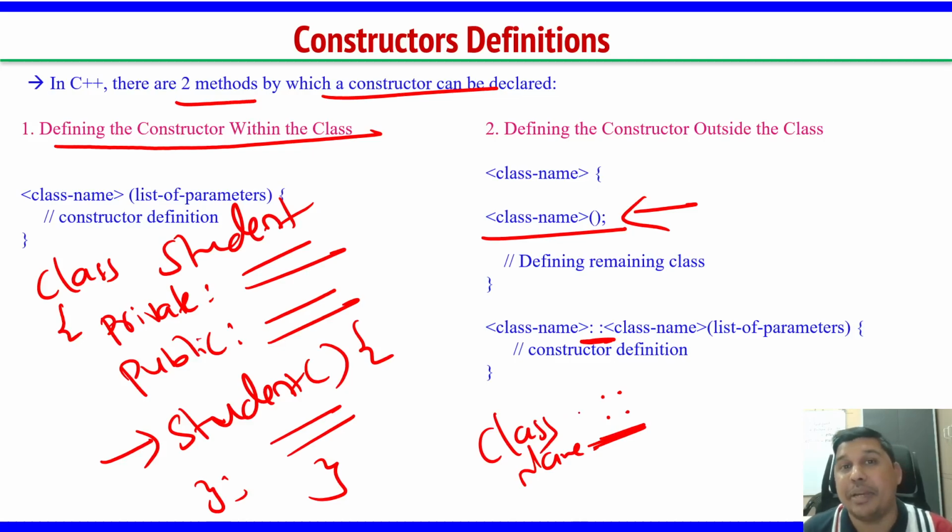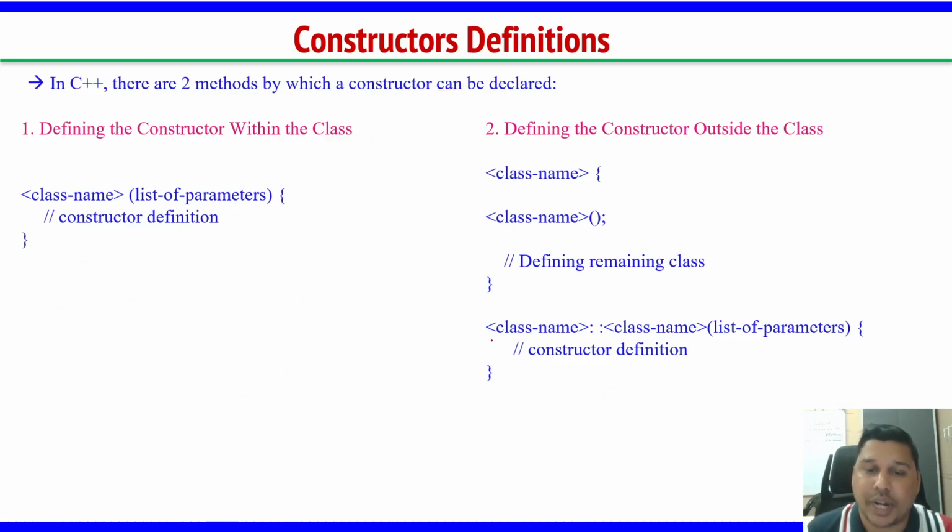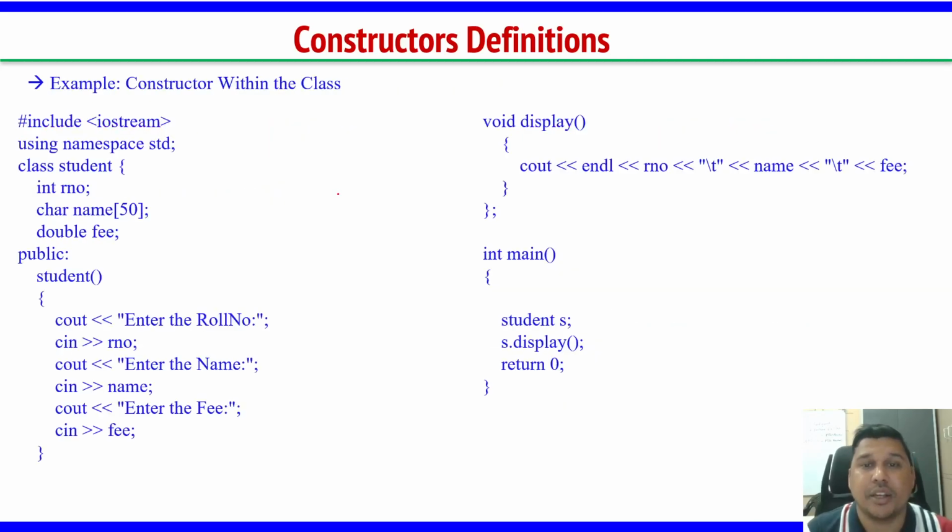Static data members can be initialized outside the class using the class name, scope resolution operator, and you can give the value there. Same way, if you want to define a constructor outside the class, it is allowed. You have to write the class name and the scope resolution operator, and again the constructor name, that is nothing but the class name again. Let's see two examples to understand this.